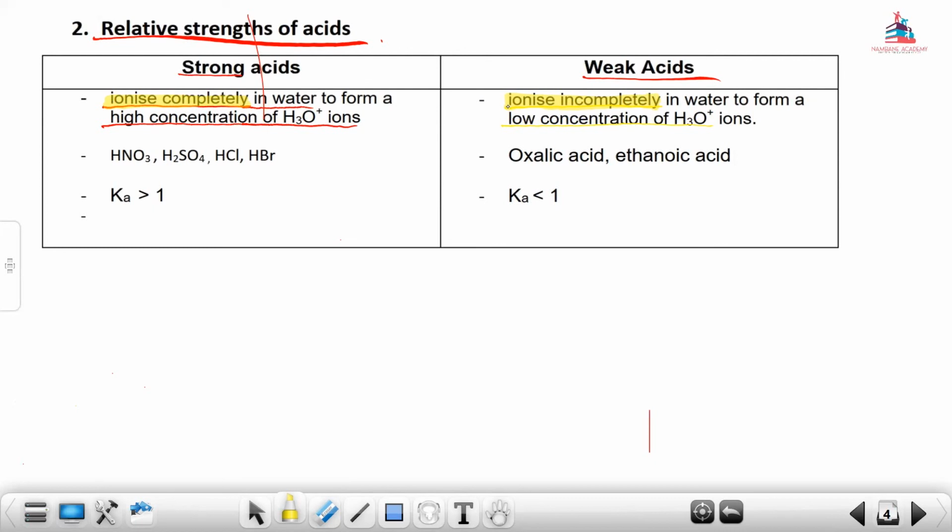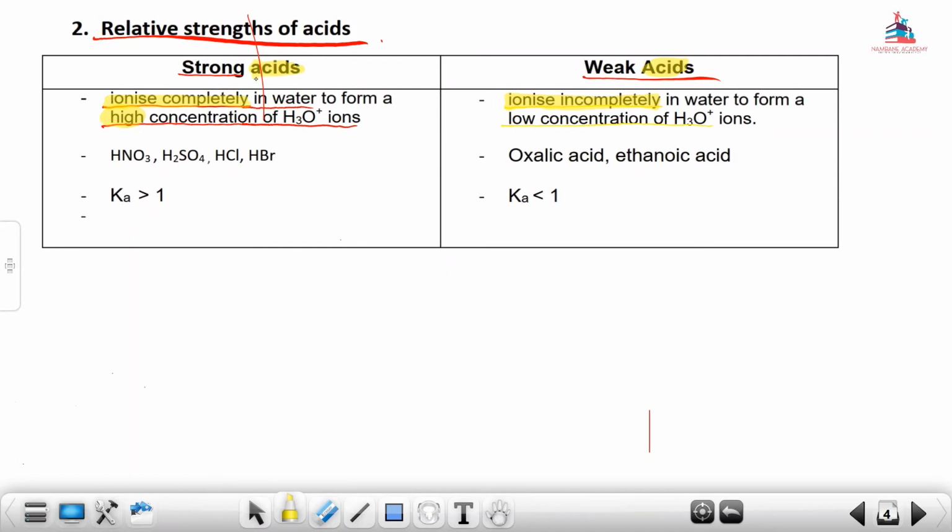It's a strong acid because it's a substance that ionizes completely in water to form what? High concentration. This is very key because it's an acid. What must it do? It must produce H3O plus ions.